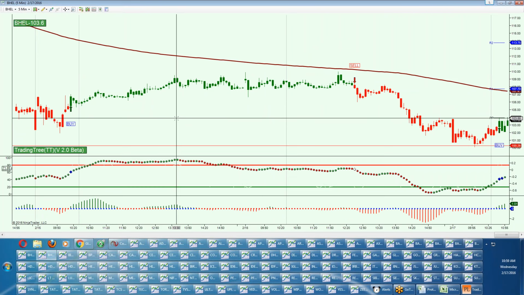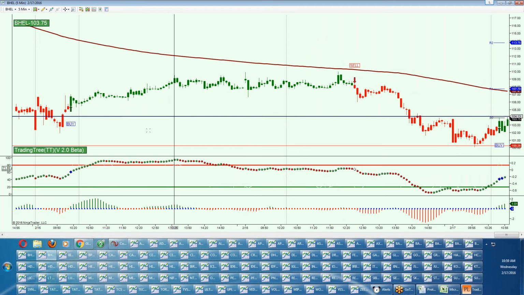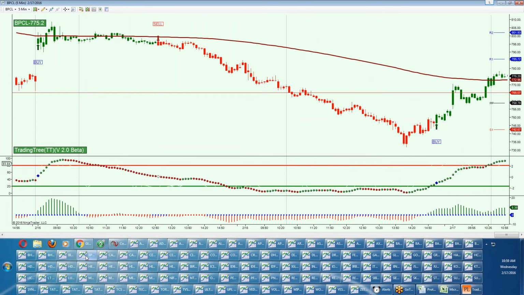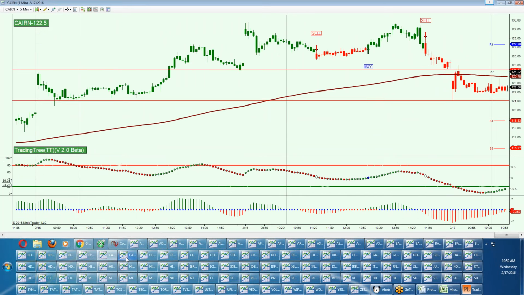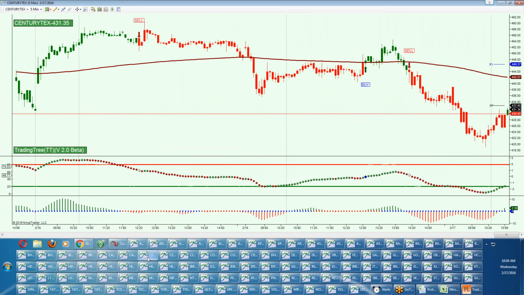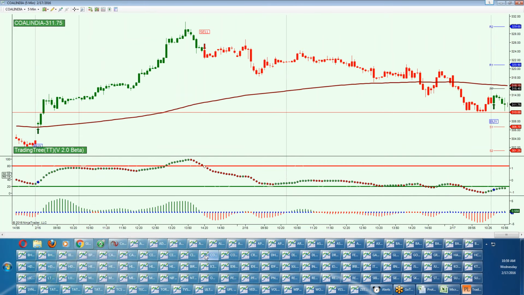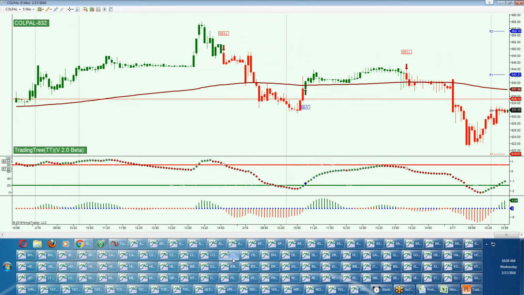EHL, you can buy above 104. Rel cap, we can expect a buy call. 327.30 is the entry for rel cap.